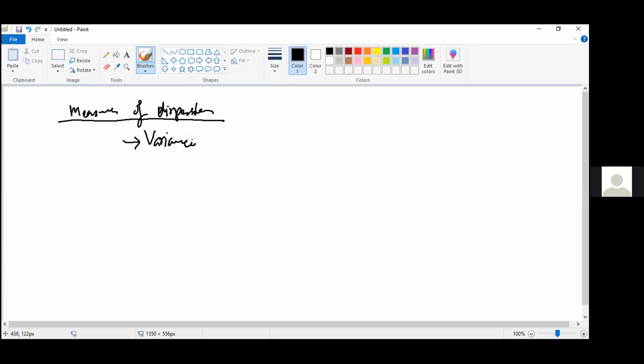One common measure of dispersion you might have heard of is variance. Variance takes into account the distance of data from the mean. It is usually written as sigma square, as you might have seen in books.